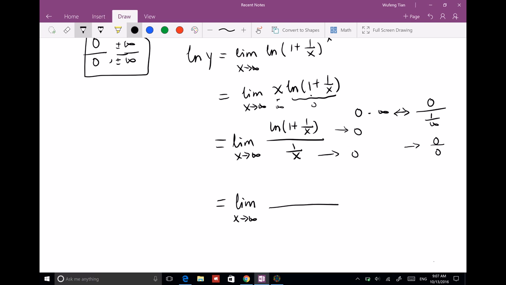Taylor, could you please help me with this one? Could we rewrite the numerator as 1 over 1 plus 1 over x? Oh, you mean first write that as ln of x plus 1 over x? Would the derivative of natural log be 1 over x?